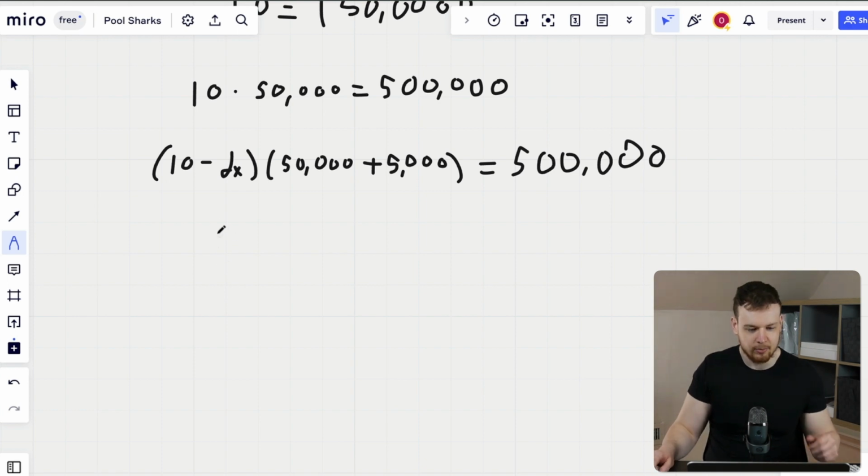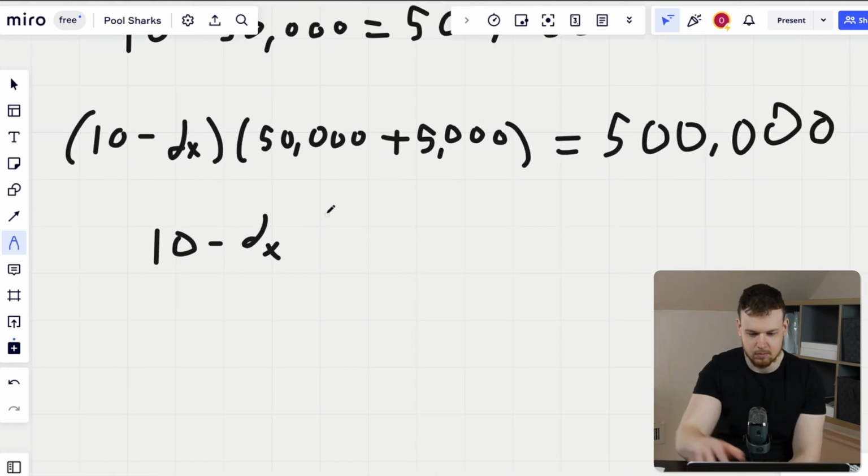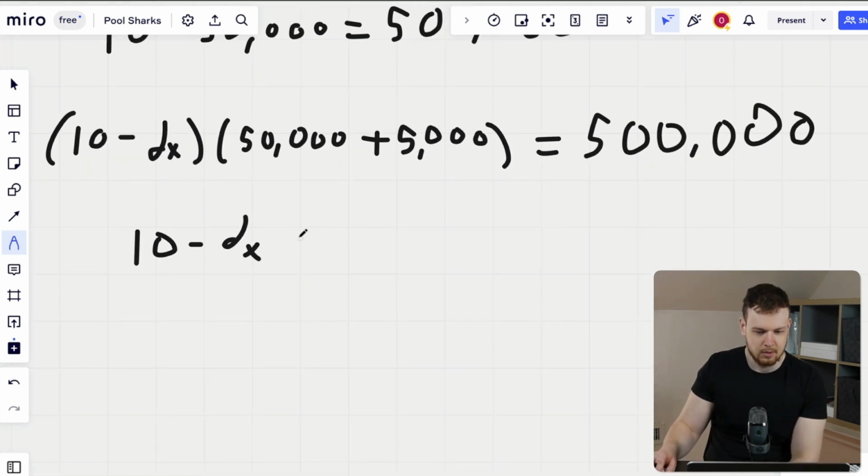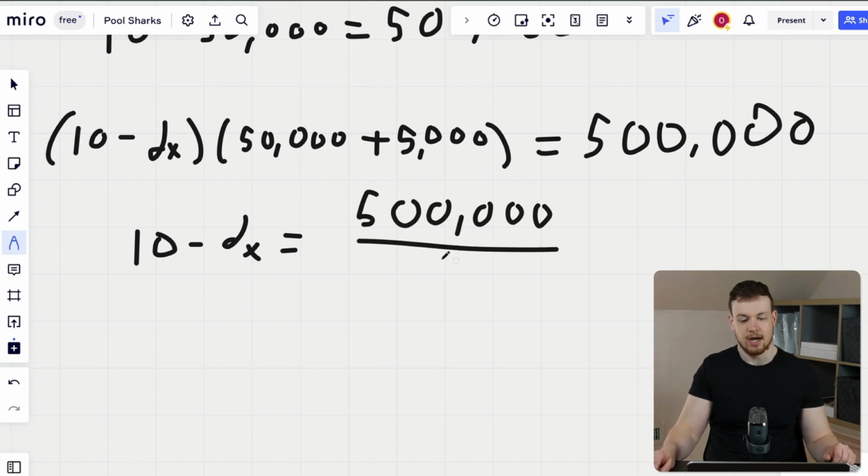Okay, so we'll end up with 10 minus dx is going to be equal to 500,000 divided by 55,000, which is the new balance of DAI in the pool after the trader swaps in their 5,000 DAI.